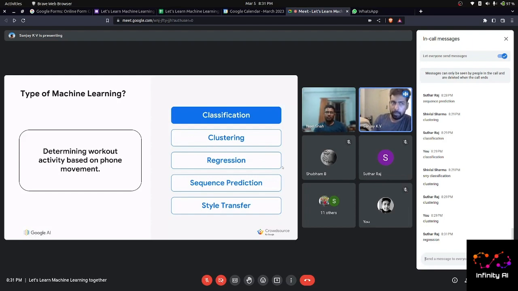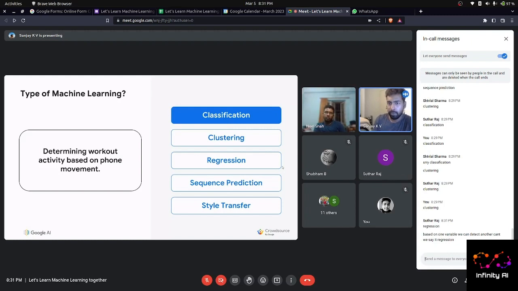But classification is used because sometimes the person might be inside a car, still moving, and the system gets confused whether it's a workout or not. So we use classification to determine whether the person is walking, running or swimming based on the pattern from the smartwatch.